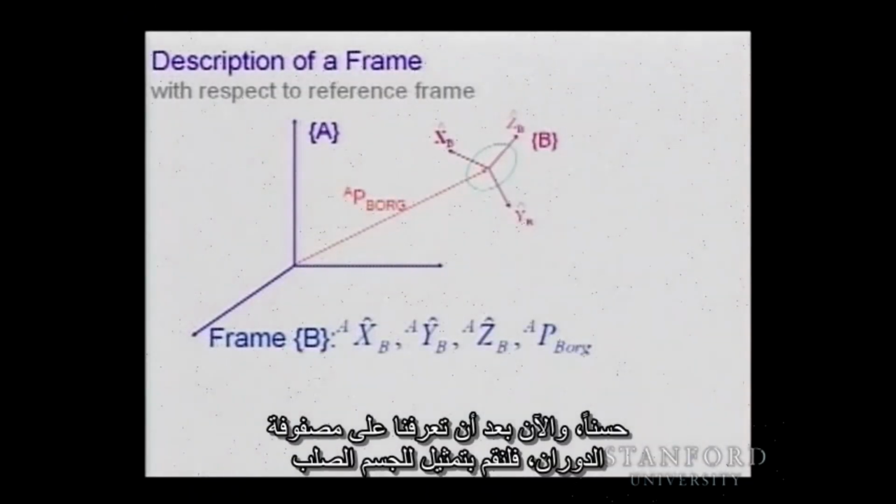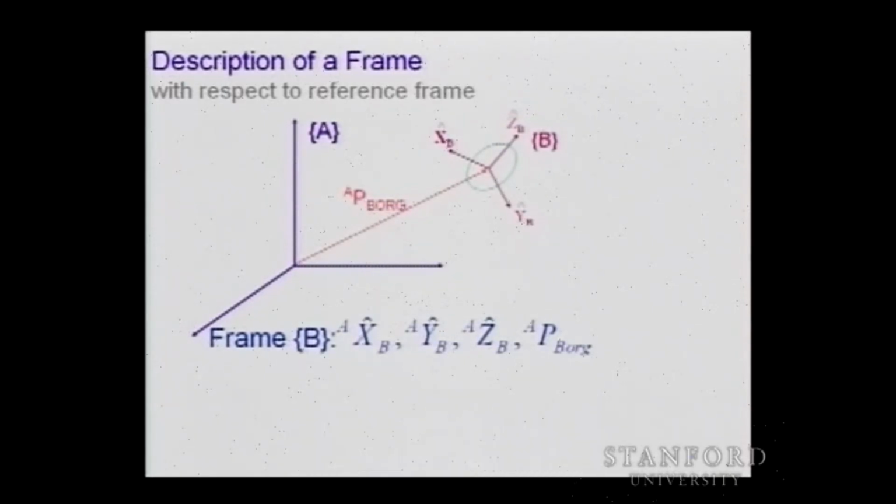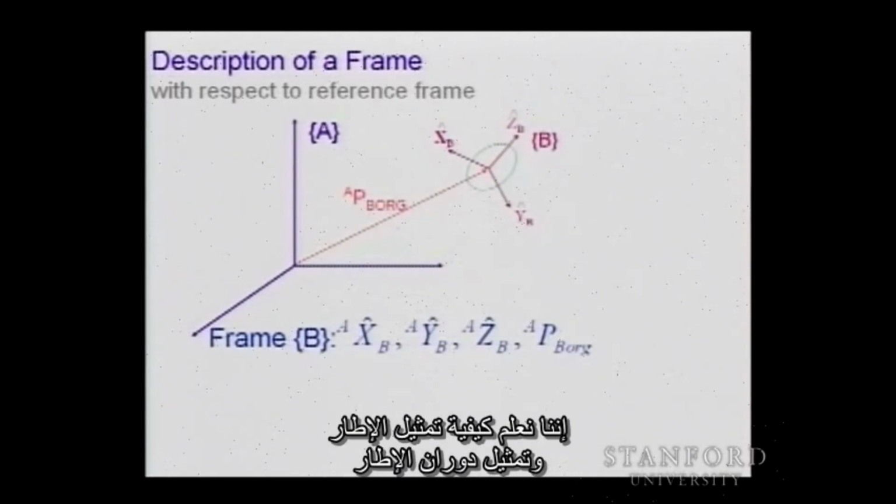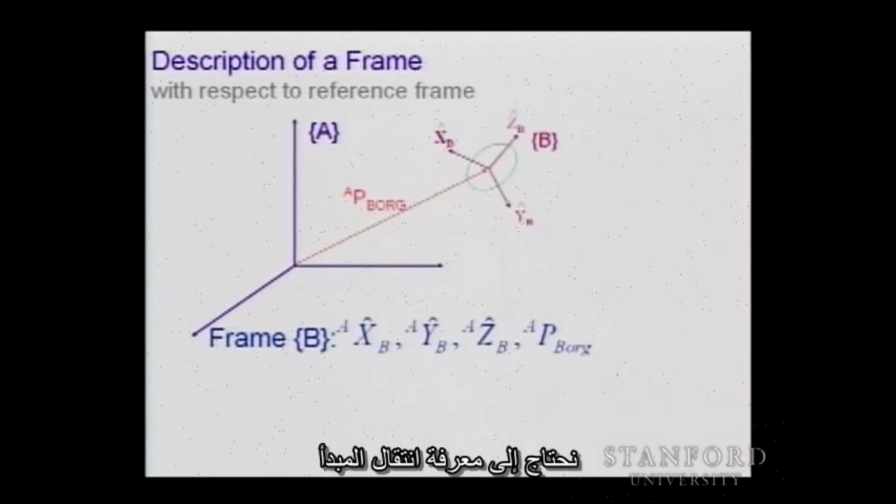All right. So now we know the rotation matrix. Let's build finally this representation for a rigid body. So we know how to represent the rotation of the frame. We need the translation of the origin.